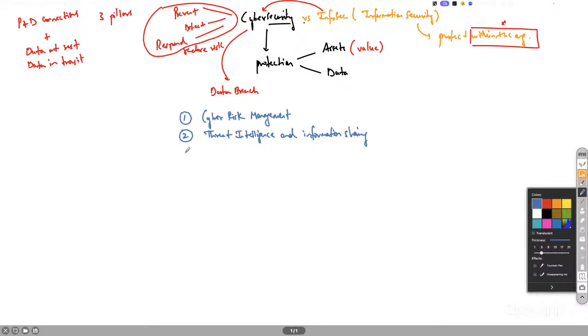Okay, incident response. I'll just write IR. And how do you deal with third party software, third party hardware? So, for example, if your organization uses Zoom, that is third party software.